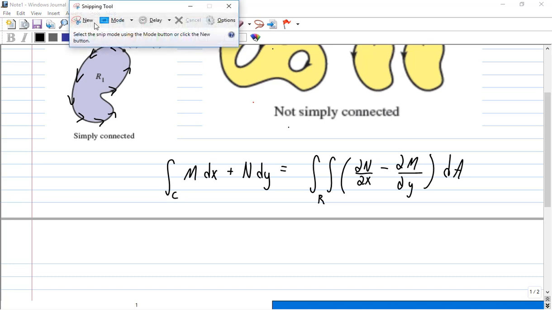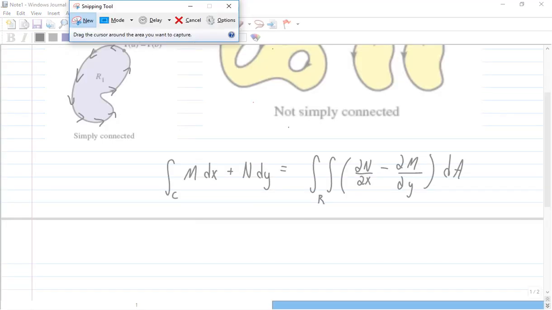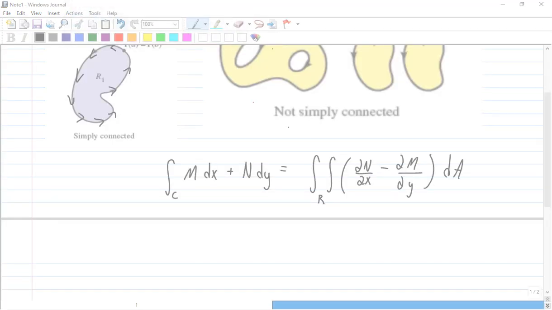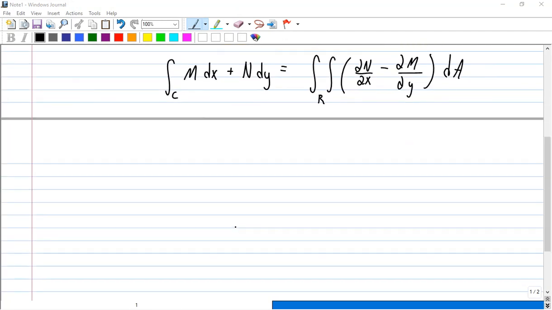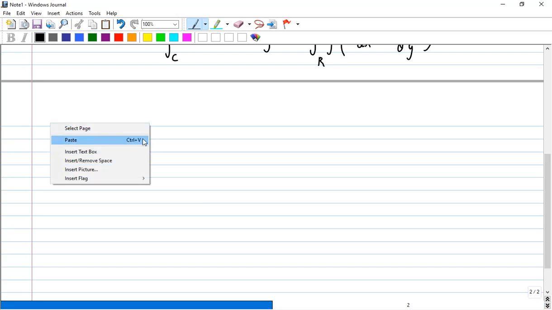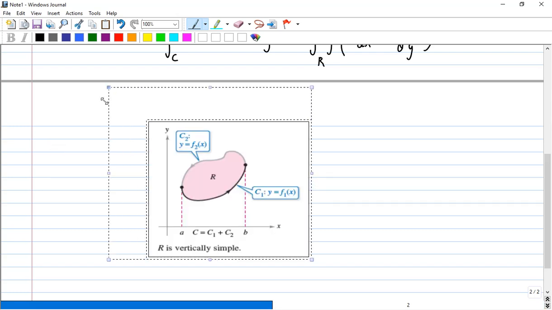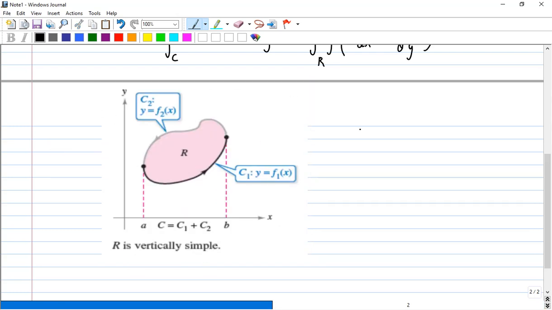To me, just seeing the pictures makes it have a little more meaning. Maybe not a lot more meaning, but a little more meaning. All right, so you can see it is oriented counterclockwise.